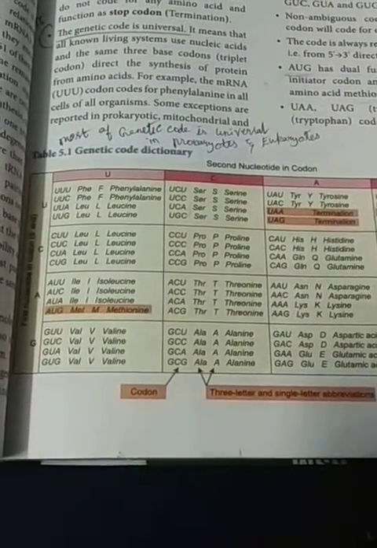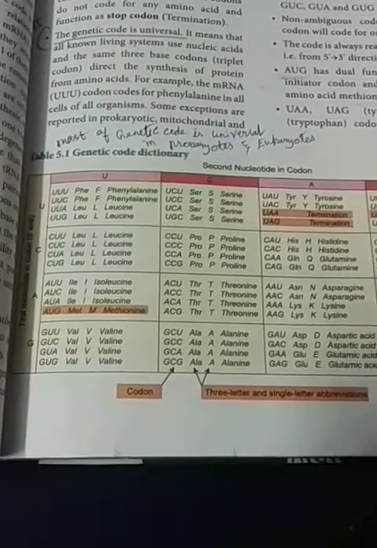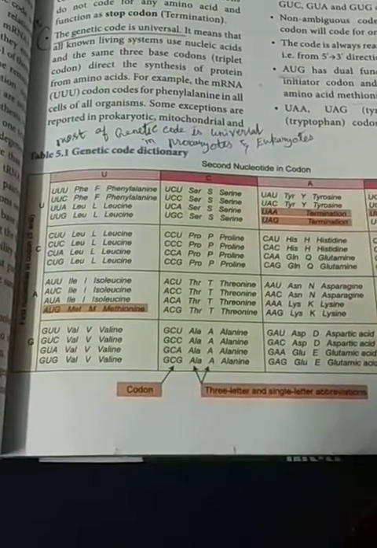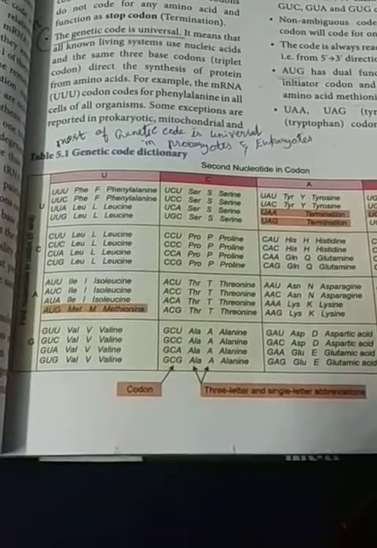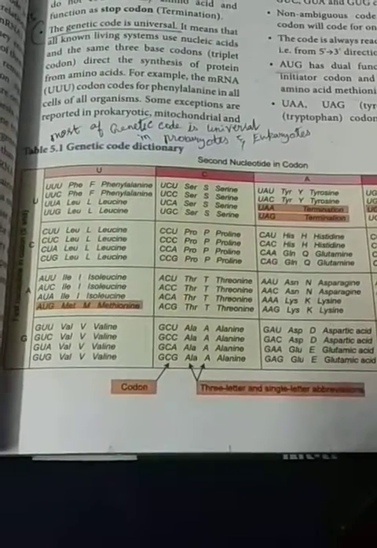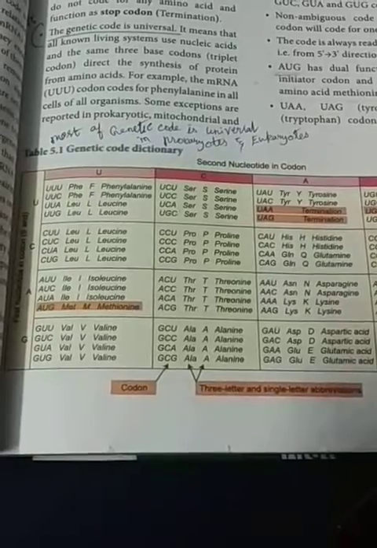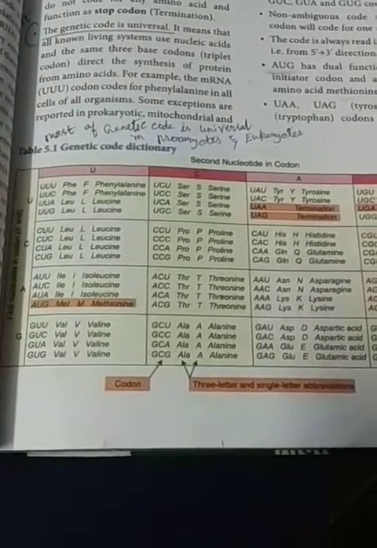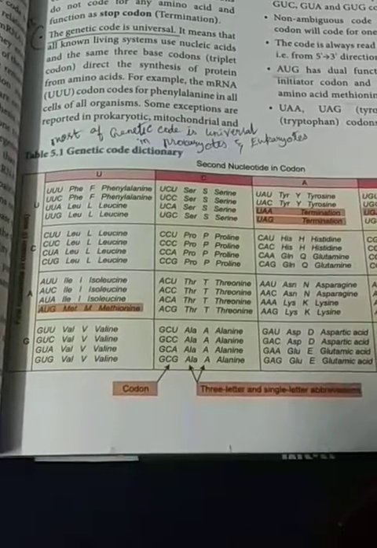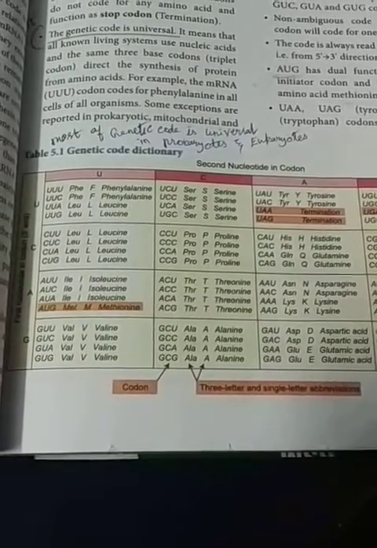DNA is a genetic material. Inside the genetic material, the genetic information is coded in the form of the genetic code that we have discussed. In replication of DNA, one strand of DNA is transcribed into RNA.